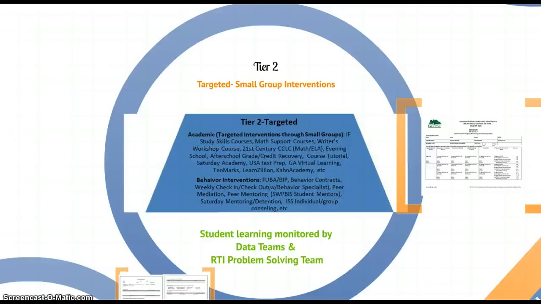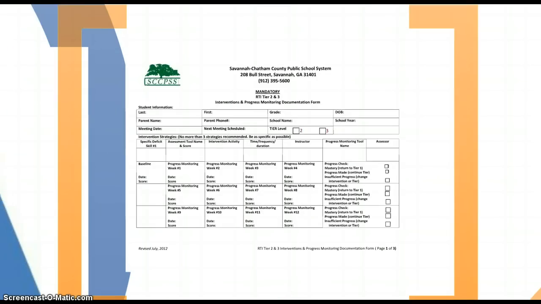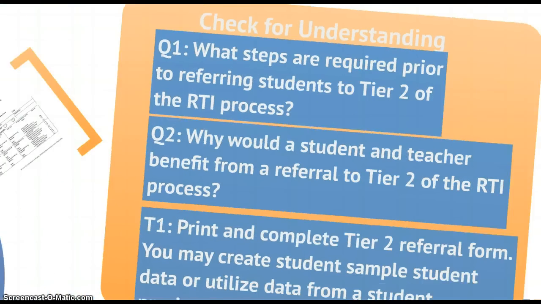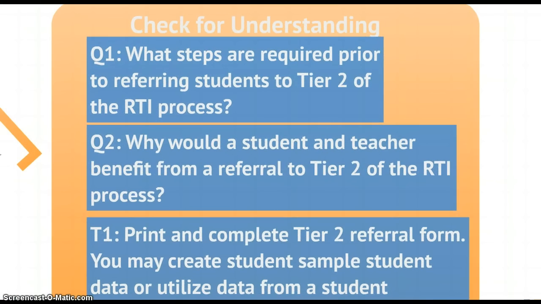Now, before we move on to Tier 3, let's check your understanding. Question number 1. What steps must you take prior to referring students to Tier 2 of the RTI process? Question number 2.